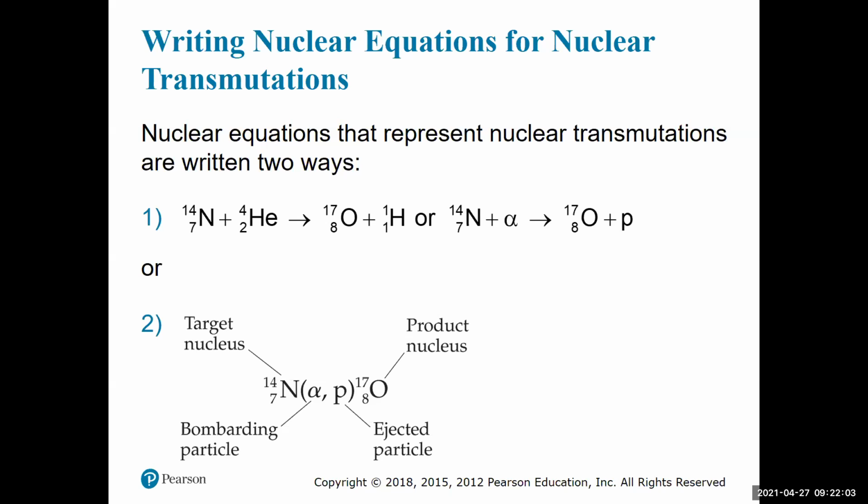I guess this is what the real nuclear scientists do. In these parentheses, they have the alpha on the left, which signifies the bombarding particle; the nitrogen is the target nucleus. We have the product nucleus, in this case oxygen, and then the ejected particle, which is the proton. Either way is acceptable to represent those nuclear transmutations.